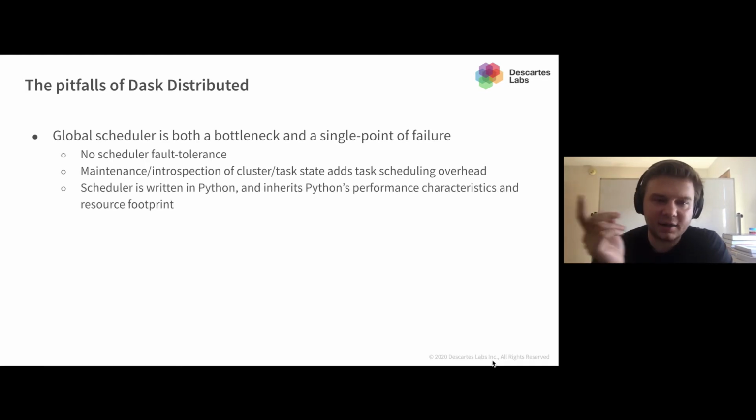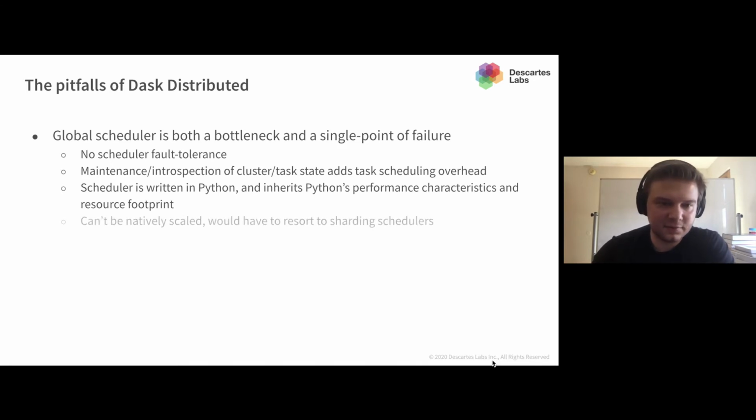The scheduler is written in Python, and so naturally it inherits a lot of Python's performance characteristics and resource footprint, aka it can be bad and suffer from bloated memory utilization, for example. It can't be natively or naively scaled. You'd have to resort to sharding schedulers, which for right now is equivalent to sharding entire Dask clusters.